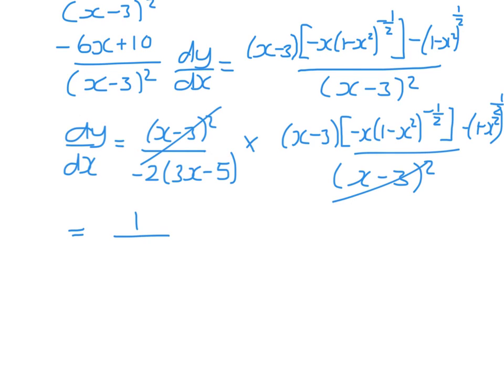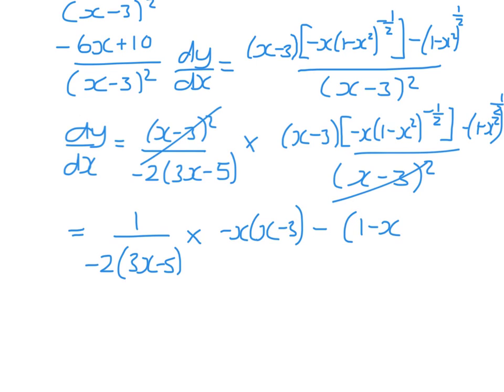So my first fraction is 1 over minus 2 upon 3x minus 5 multiplied by minus x upon x minus 3, and (1 minus x squared) to the power minus 1/2 multiplied by (1 minus x squared) to the power plus 1/2 is (1 minus x squared) to the power 0, so that is 1, minus (1 minus x squared), and 1/2 times 1/2 will give us the plus 1 all over (1 minus x squared) to the power 1/2.